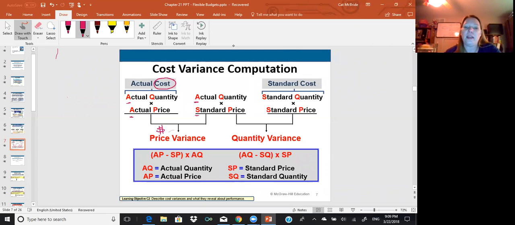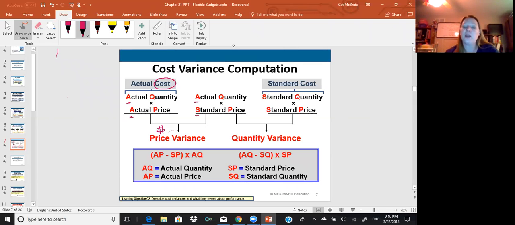So we have separated the actual and standard price. The only variable here is the difference between the price that we actually paid versus the price that we planned to pay. And that gives us our price variance. So whatever the variance is on this side has to do with how much we paid for the labor or the materials or the overhead.